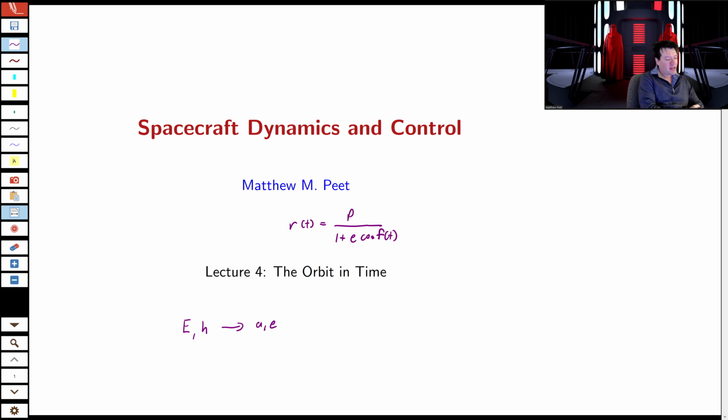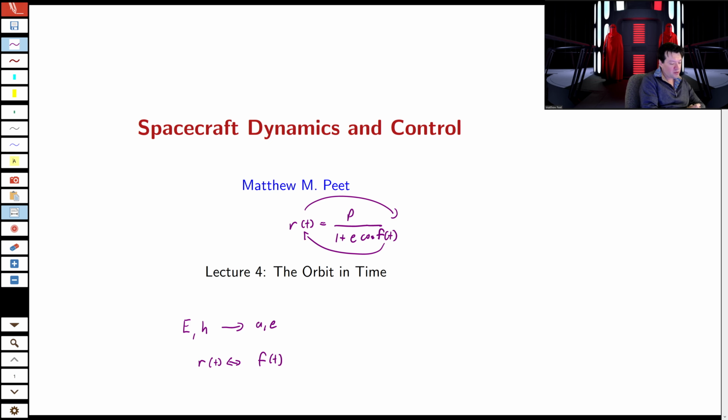In that, we could convert back and forth between r and the true anomaly, our third orbital element. So given f, we can find r, and given r, we can invert this to find f. Just as we showed how to invert the polar equation in the previous lecture.